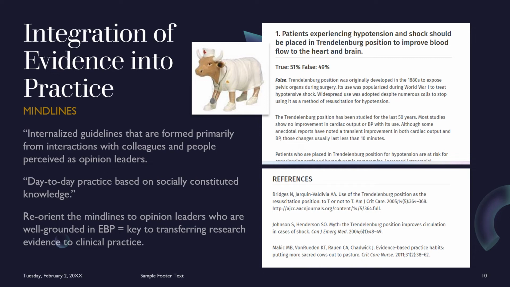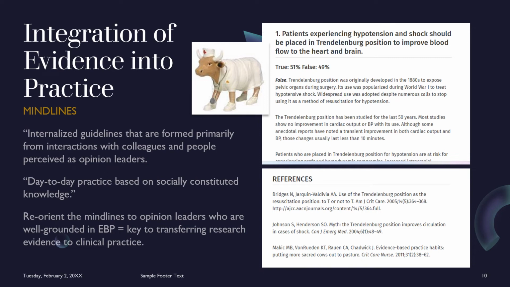And there was surprisingly not as much accurate identification of which were evidence-based practices and which were not. So the example that I posted up here from that article: patients experiencing hypotension and shock should be placed in Trendelenburg position to improve blood flow to the heart and brain.